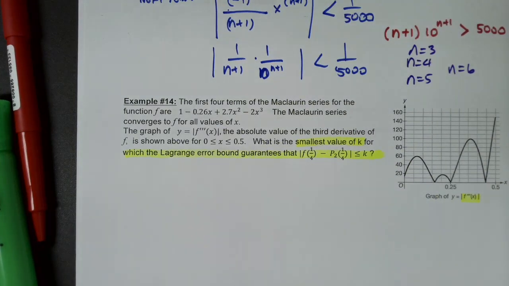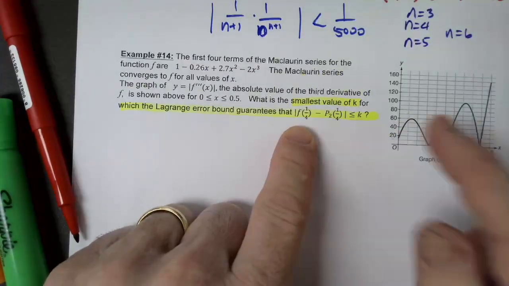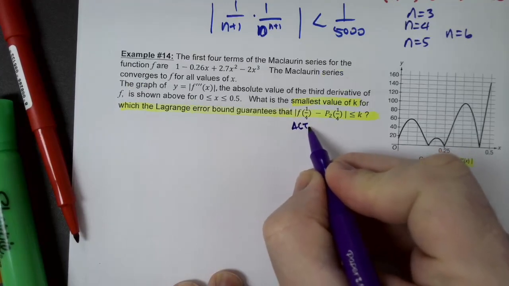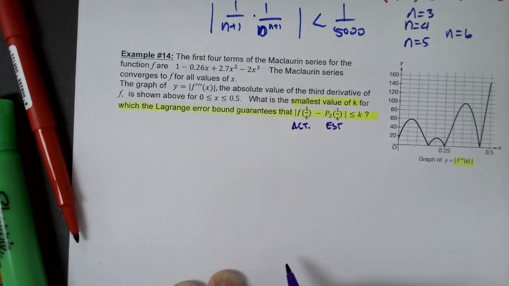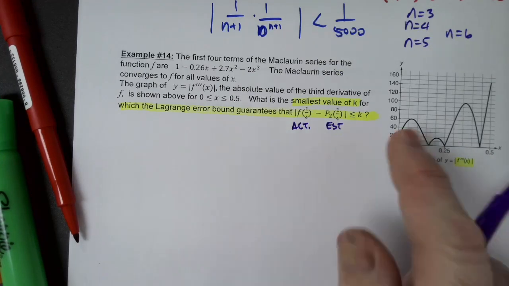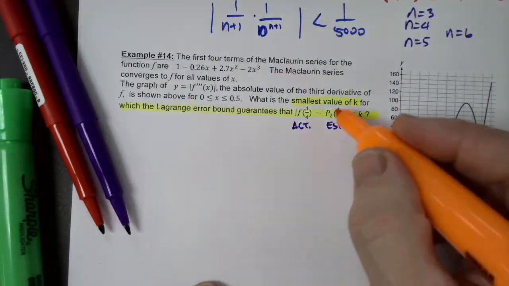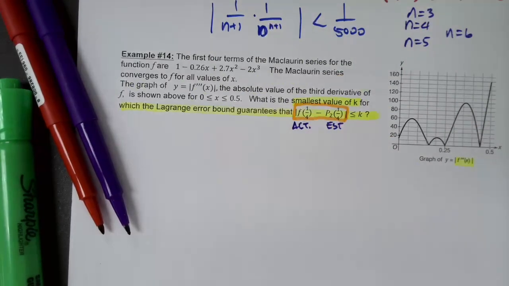Okay? So, look at this. This is a common way that they're going to show you. This, of course, means the actual value. This one is the estimated value. So the actual minus the estimate means that this little notation here is just the maximum error or error bound.